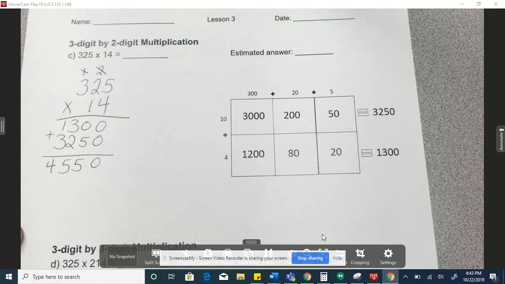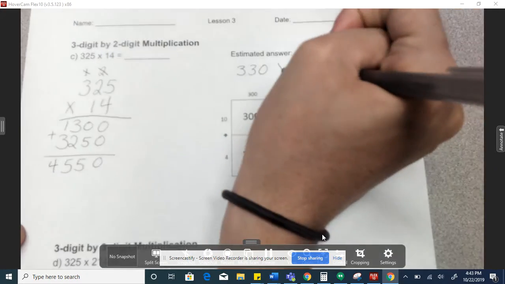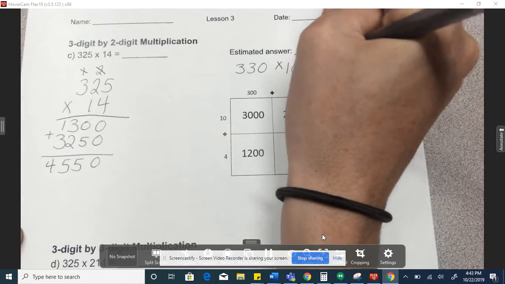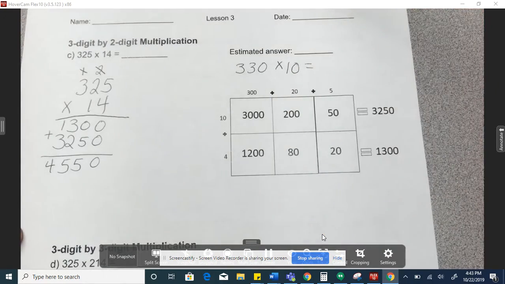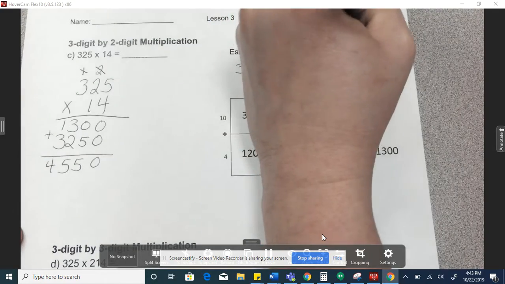Let's see if our answer is reasonable. Ms. Milanese, what should we estimate 325 to? I'm going to estimate it to 330. Okay. And what should 14 be estimated to? 10. All right. 330 times 10 would be 3,300.